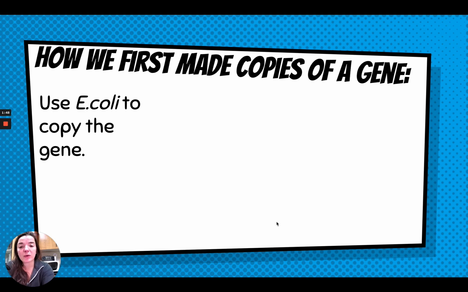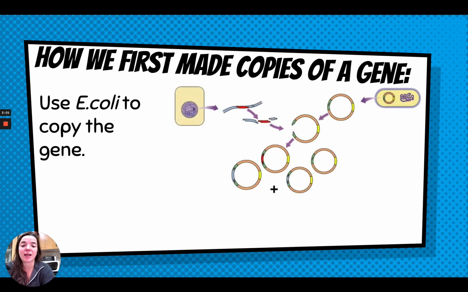So when we first made copies of a gene, early on done with E. coli, what we did is we made something called transgenes, where we were able to insert that gene into a plasmid, like what you saw with the bacterial setup and the bacterial explorations within lobster. Plasmids are these ancillary sections of DNA that are usually there to help the bacteria survive in a given environment.